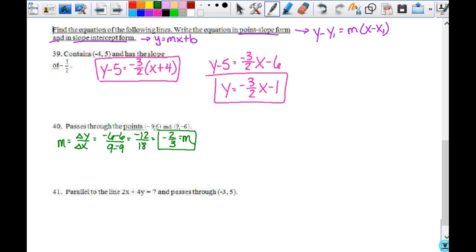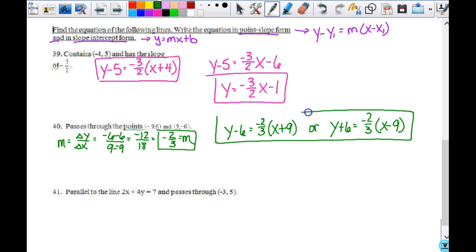So if I use the first point, it could be y minus 6 equals the slope, which is -2/3, times x minus a -9, so it's x plus 9. Or it could be y plus 6 equals -2/3 times x minus 9. So either one of those work. So then I'm going to simplify either one of them to get it in slope-intercept form.